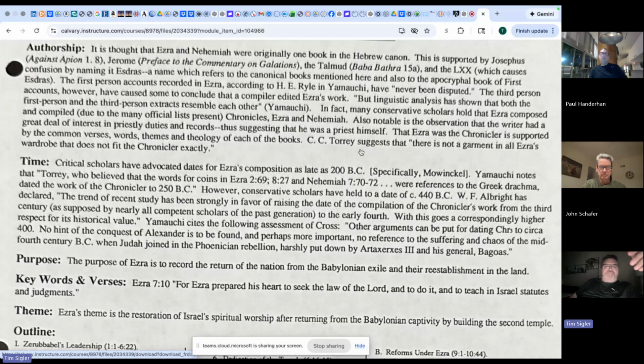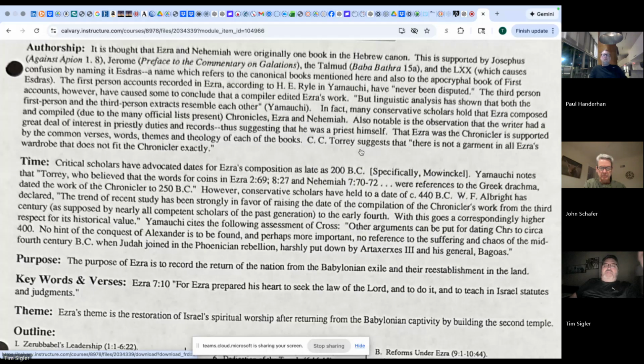So even among, we'll say, critical scholars, while they pushed the date later and later, again, the more the evidence can be examined, the more the date gets pushed back closer to the time that the biblical text assumes. So Yamauchi cites the following assessment of F.M.